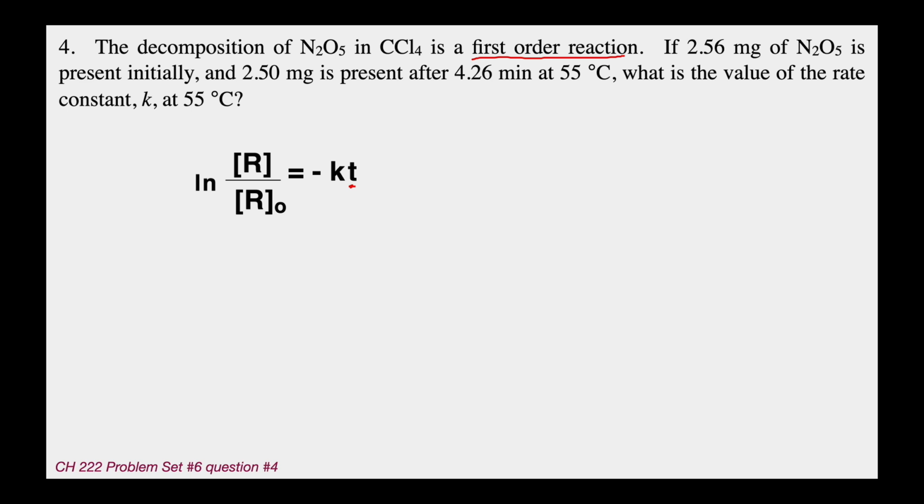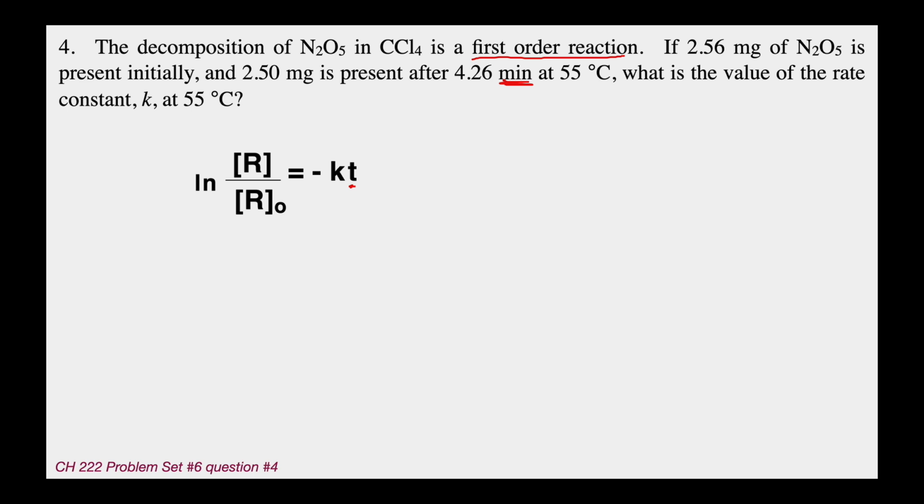And another thing, K and T are going to have the same kind of units. Now, time in this problem is going to be minutes, all right? That's the time elapsed. K for this problem is going to have units of inverse time, which means 1 over time. And if time is in minutes, then K is going to be inverse minutes, or 1 over minutes.